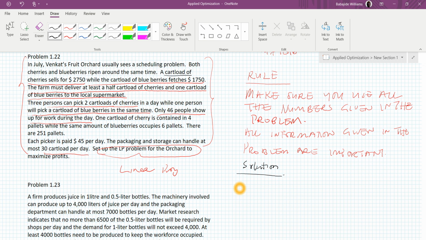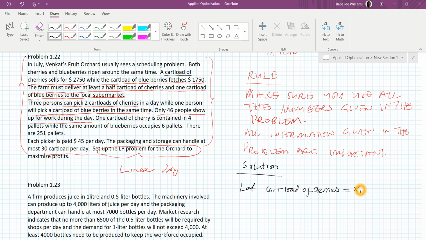So let the cartload of cherries equal x1, right? So that is a design variable. Let it be x1. That's what we want to find out. I want to find out the number of cartloads of cherry and the number of cartloads of blueberries that will maximize the profit.